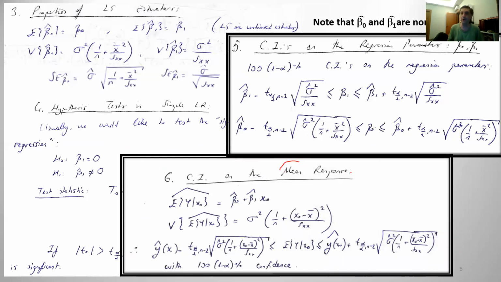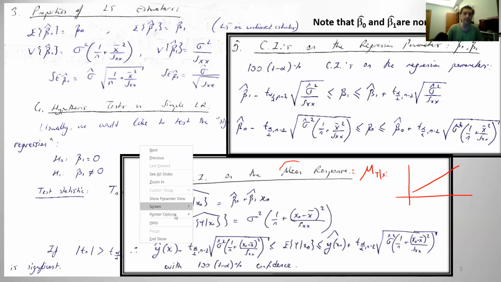The mean response, I repeat again, is actually equal to the mean value of y given xi. Actually, note that this is equal to that line that we have here. This is the true value here. This is the true regression line. On the other hand, let me again use another color here. And I'm sure there is an easier way for that because it takes a bit of time.